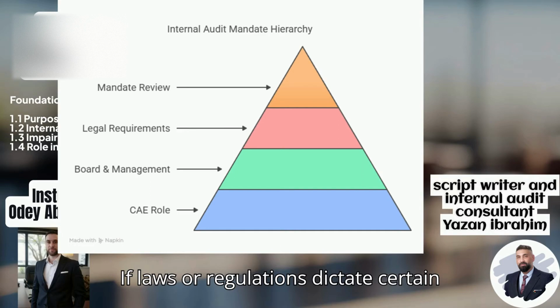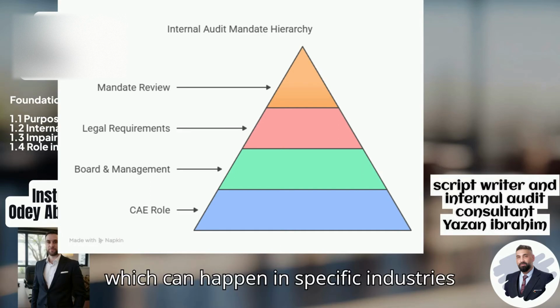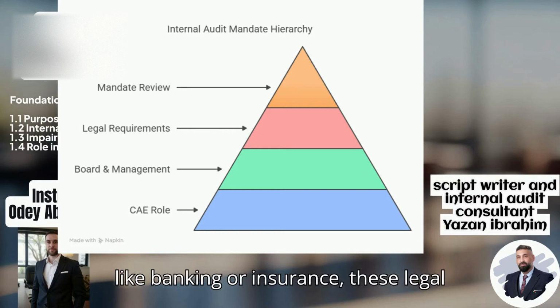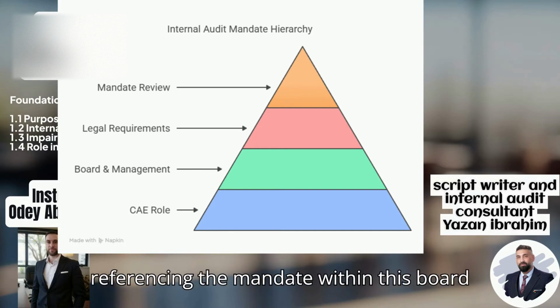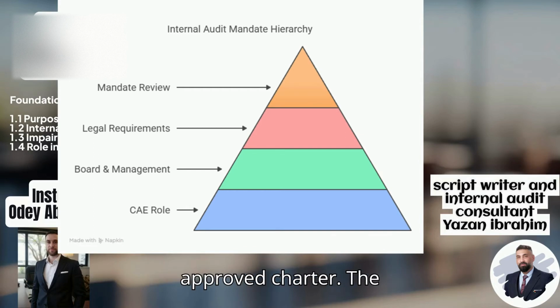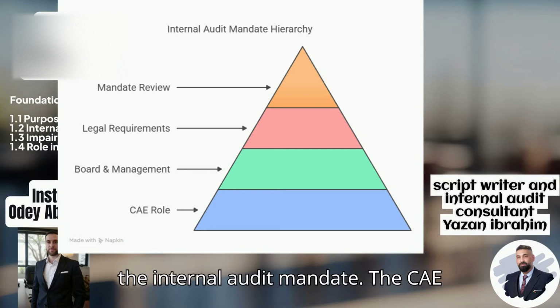If laws or regulations dictate certain aspects of the internal audit mandate, which can happen in specific industries like banking or insurance, these legal requirements must be incorporated into the Charter. The CAE is responsible for documenting or referencing the mandate within this board-approved charter. The organization isn't static, and neither is the internal audit mandate.